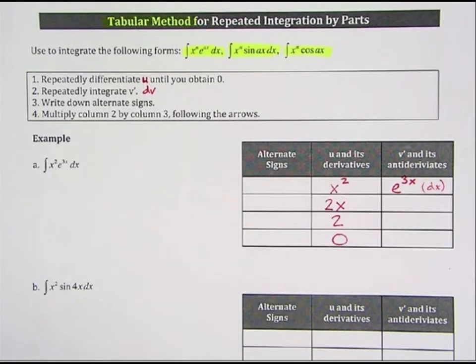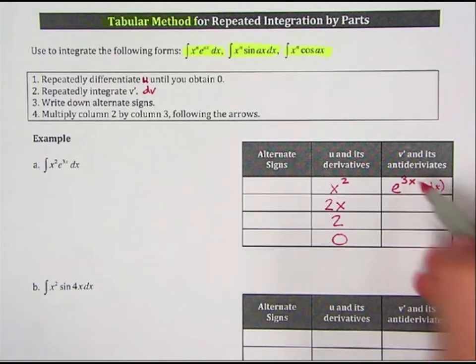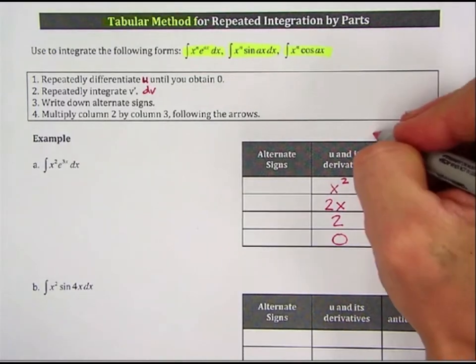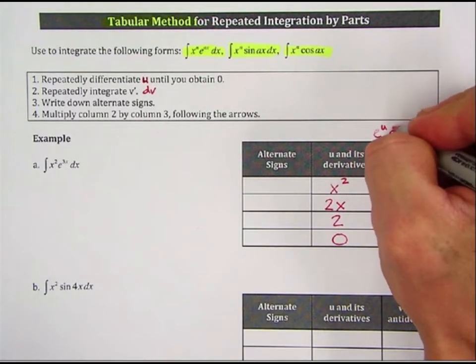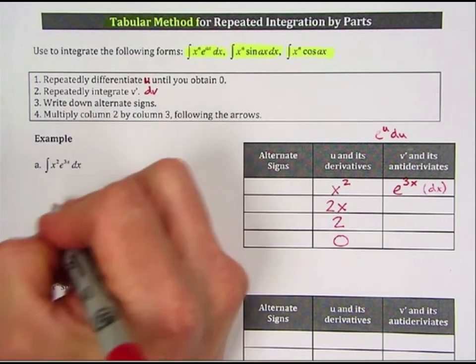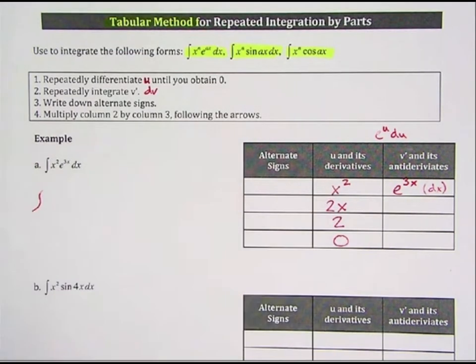Next, we want to integrate e to the 3x as many times as we had to differentiate u. So we want to think about that e to the u du type of situation. You can use this over here for scratch work or whatever.